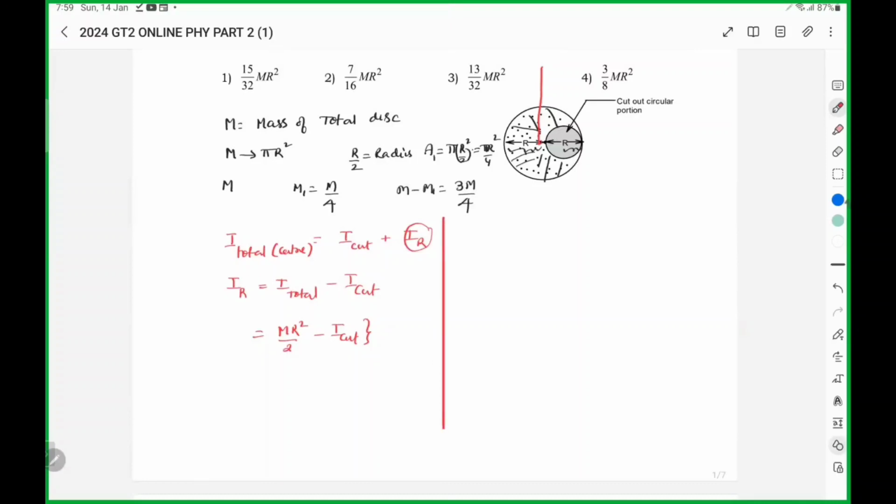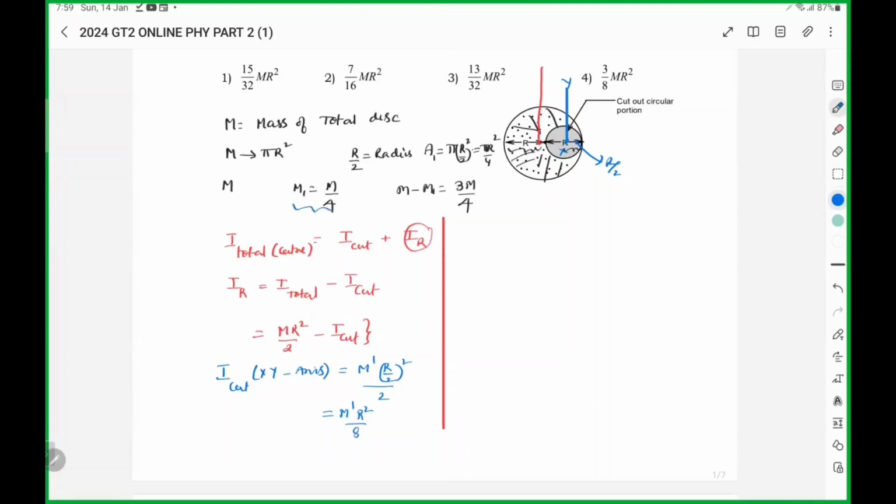To find the moment of inertia of the portion which is cut: it has a center at this point. About this axis, let us say XY, the moment of inertia of the portion which is cut is m dash times r, its radius is r by 2, whole square, by 8, the disk formula.